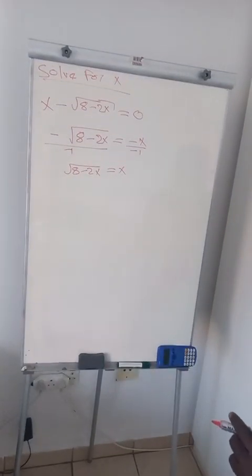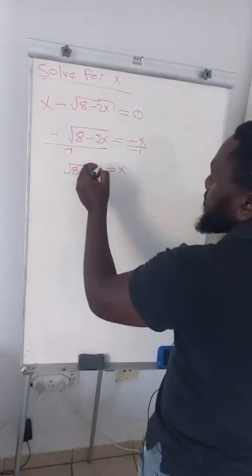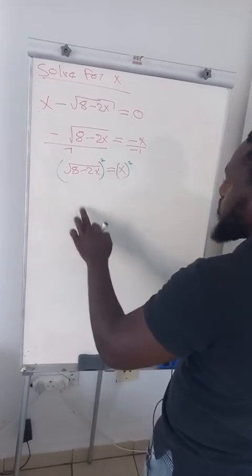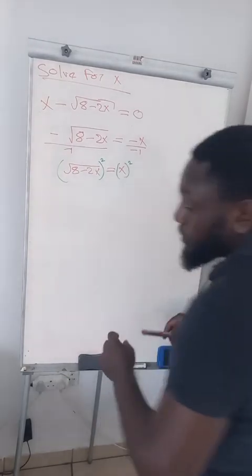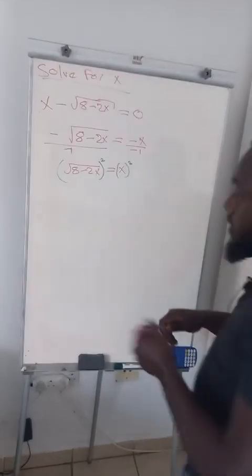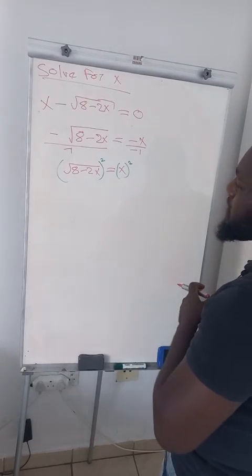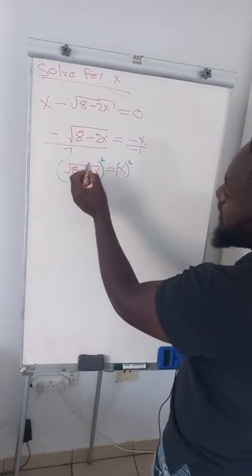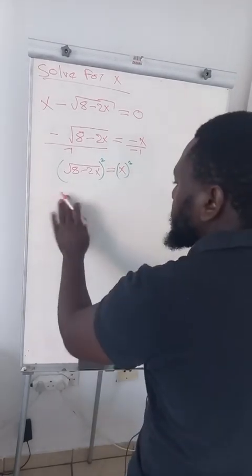To remove the square root, you need to square both sides, because whatever you do on the left hand side, you also need to do on the right hand side. After that, the square root here is the same as 1 over... let me write so that you can see.